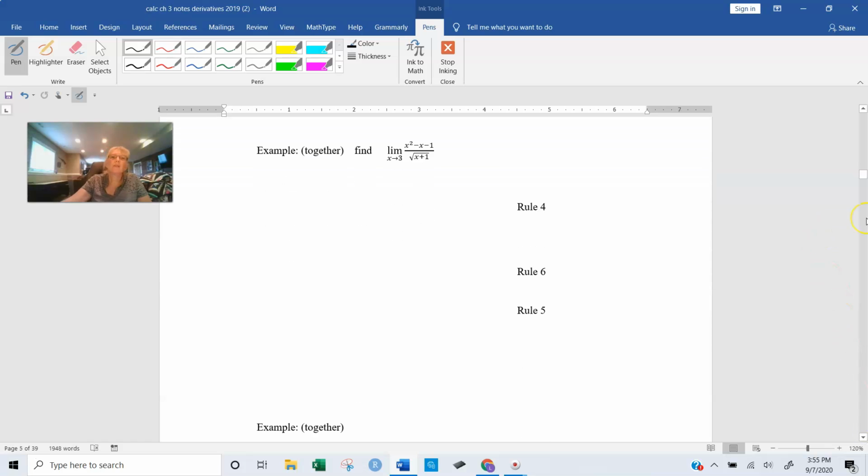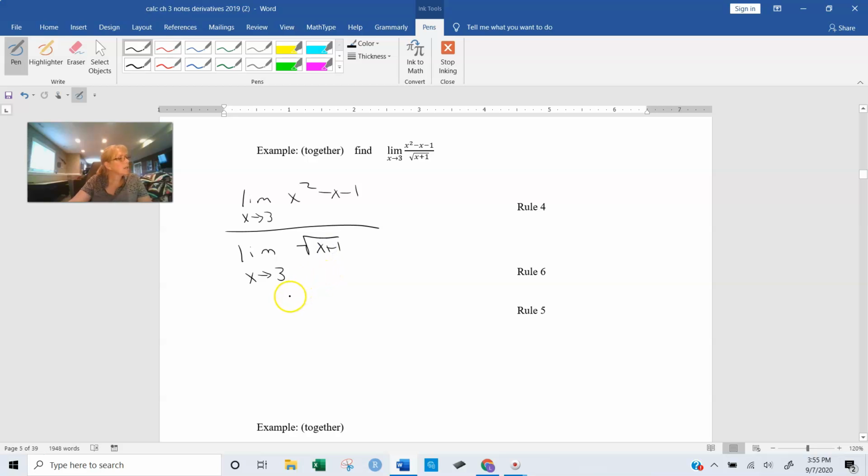Okay, let's do this one. I want to know what the limit is as x approaches 3. So first thing we're going to do is break this thing up into 2 pieces. So let's do the limit as x approaches 3 of x squared minus x minus 1 over the limit as x approaches 3 of the square root of x plus 1.